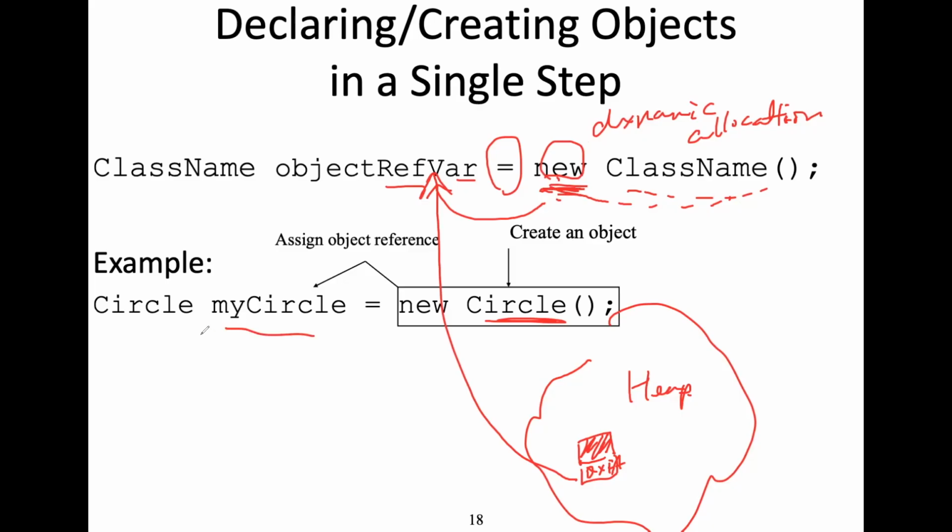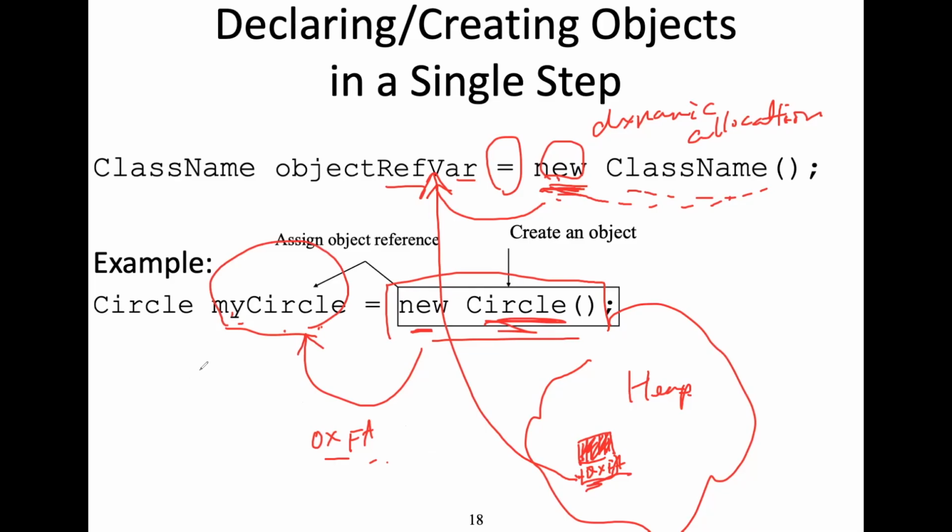By extension, Circle myCircle = new Circle. First of all, on the right side, this portion creates a dynamically allocated space with a memory address, and this new returns that memory address back, which is 0xFA. Let's use this example. And myCircle then stores the memory address 0xFA. Because myCircle does not directly point to this location, only storing its memory address, we call this myCircle a reference object.